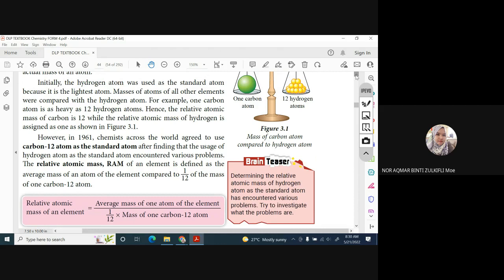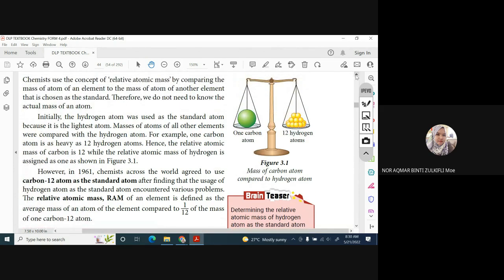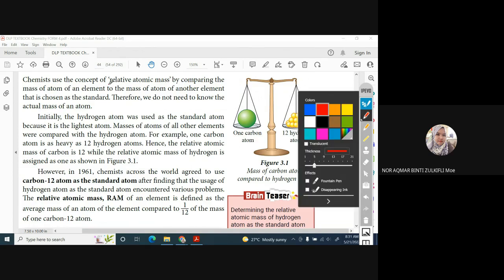Okay, why did scientists choose this as a formula? Chemists use the concept of relative atomic mass because actually they don't have any standard mass of an atom. We don't need to know the real mass. Actually we don't have any real mass for an atom.